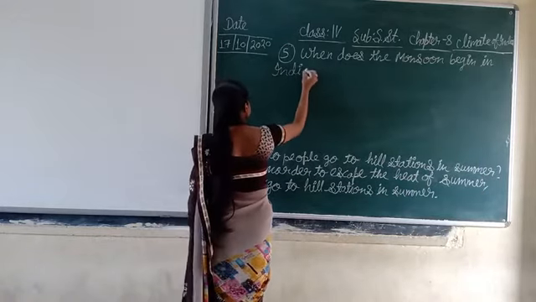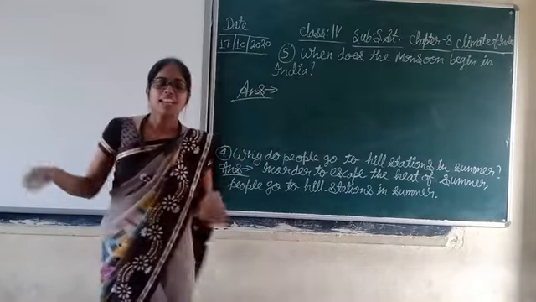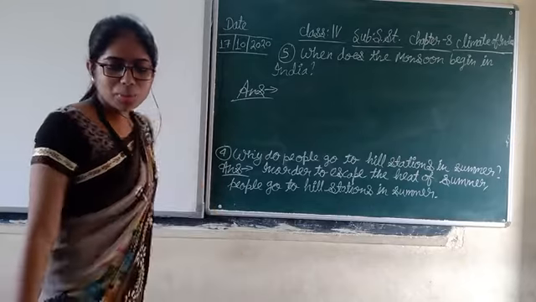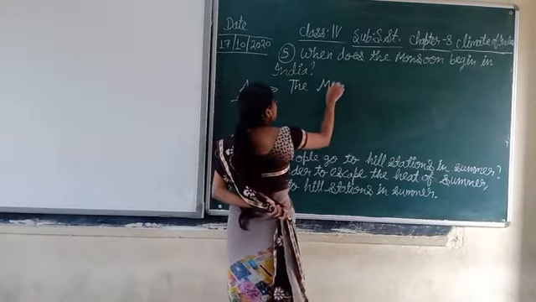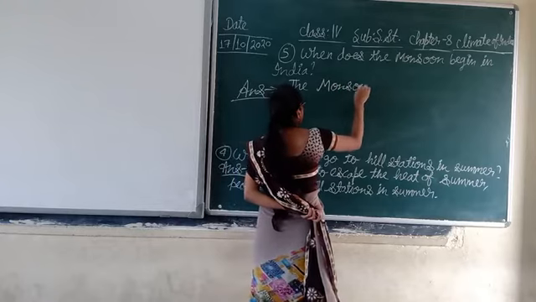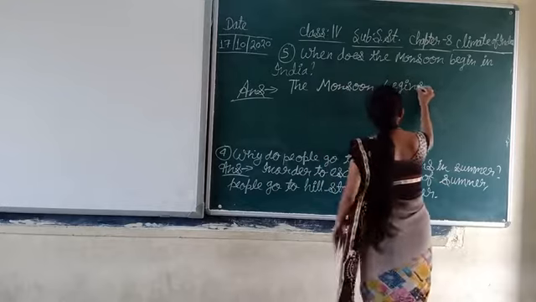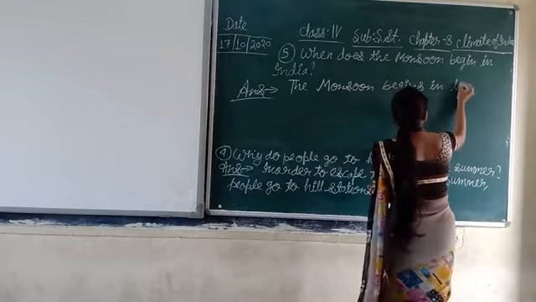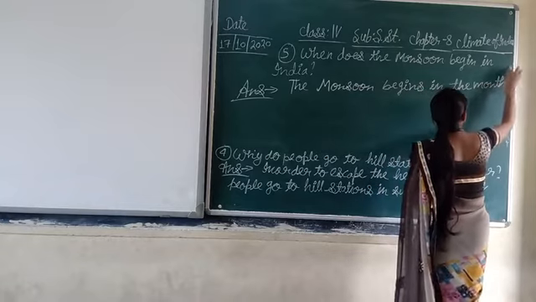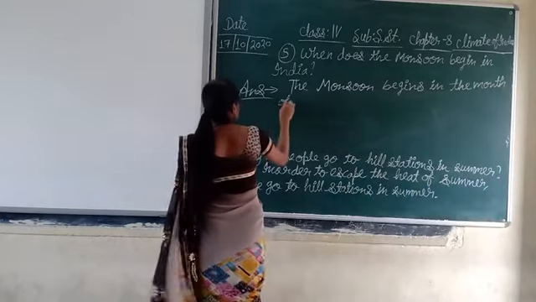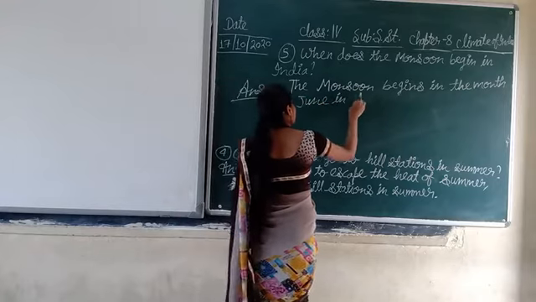Let's write the answer for this. The monsoon begins in the month of June in India.